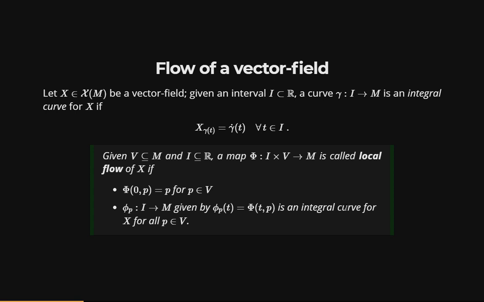Now you take this ending point, and this is the image of big phi t of P. So it is where the point P goes after a time t under the action of the field X. I hope this is clear. It's a very intuitive concept once you grasp it, but writing it down is a bit painful, as you can see. It's called the local flow because it's defined only on a set V of M.